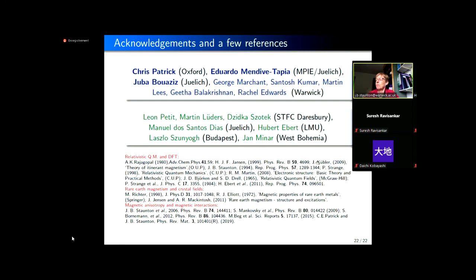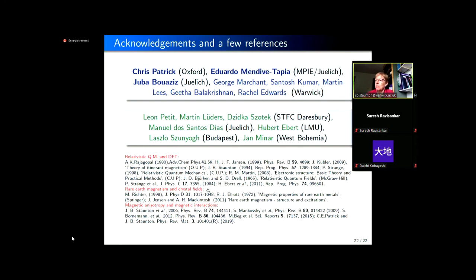There's Jürgen Kübler's excellent book, and a review article by myself. There's Paul Strange's textbook on relativistic quantum mechanics, which is a very useful reference. DFT in general, and of course Martin's book, a textbook I particularly found useful. And of course there's Jan, Hubert and Dimo's review article, which is very good as well.